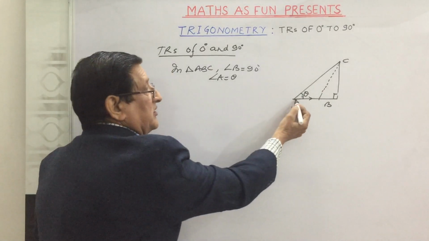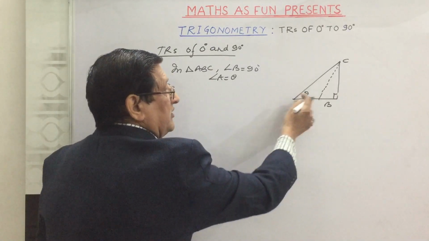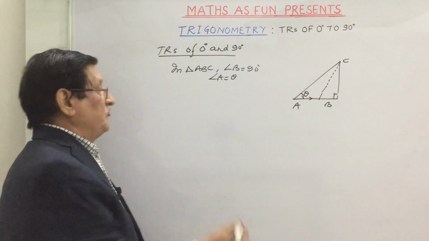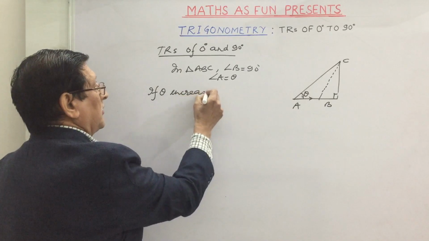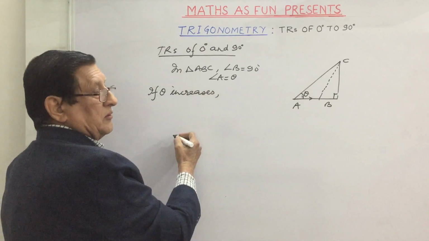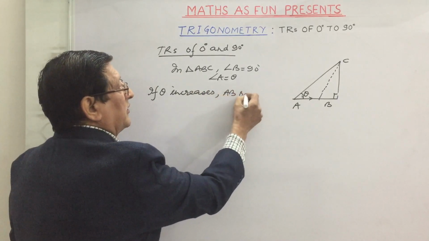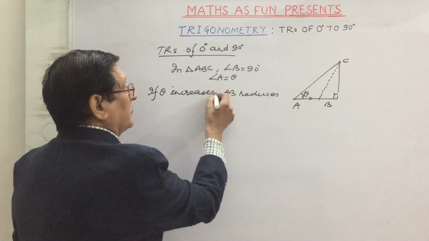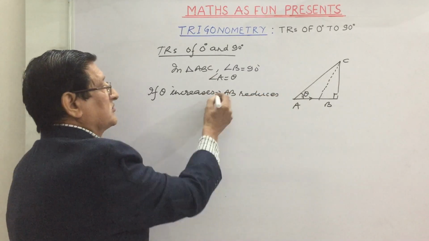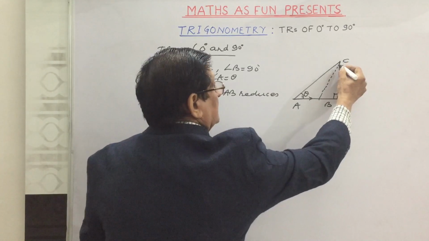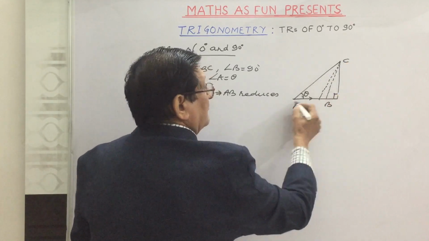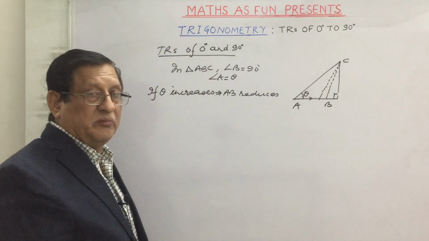It means theta increases when AB reduces. So we can write here, if theta increases, then AB reduces. Some more, if we increase, the length of AB will reduce.